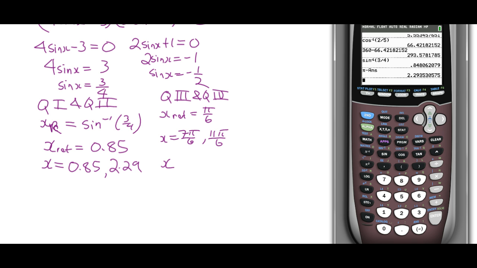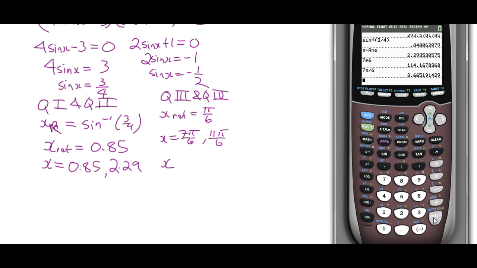So here's 7 pi over 6. 7 pi divided by 6. I hate this calculator. Okay, 3.66.